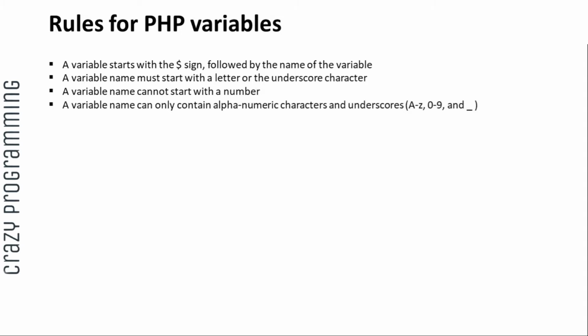And the fourth one, a variable name can only contain alphanumeric characters and underscores. Alphanumeric characters mean A to Z, from small to capital, so we can use variables like dollar, small Anil, or a number inside that.